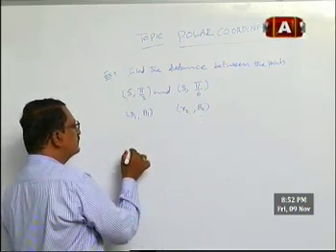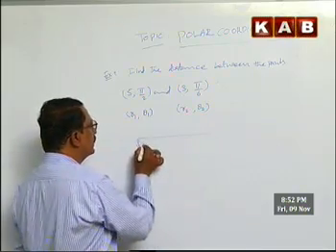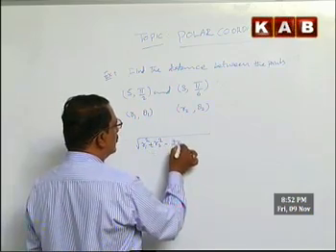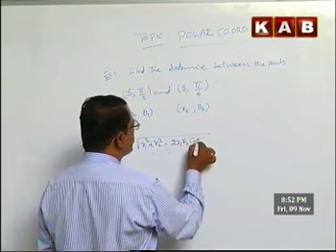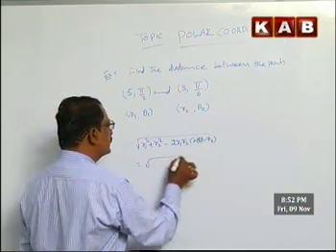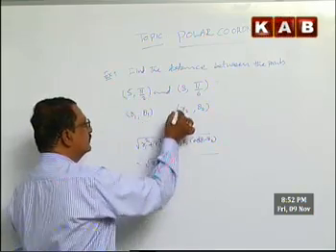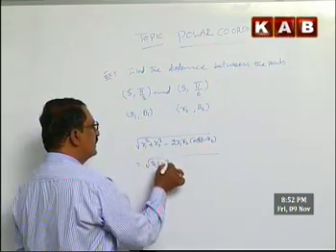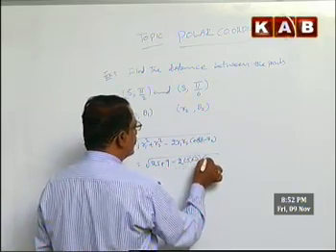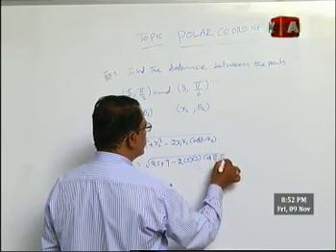Then the distance between the points equals the square root of r1 square plus r2 square minus 2 r1 r2 cos of (theta 1 minus theta 2). That equals the square root of 25 plus 9 minus 2 into 5 into 3 cos of (pi by 2 minus pi by 6).